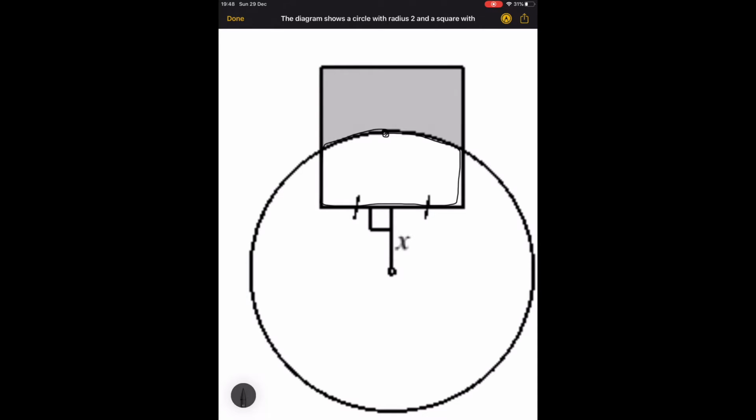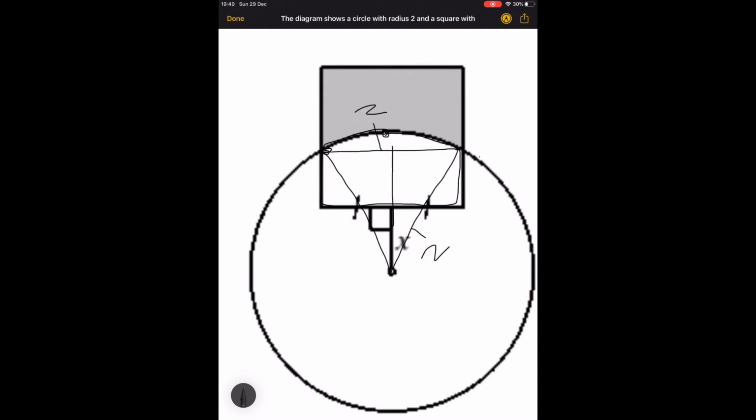If we create a line that subtends the segment from there to there, then we've got our base, which is 2, because that's the length of our square, and then we have our hypotenuse, which is 2 as well, because that's the radius of our circle.